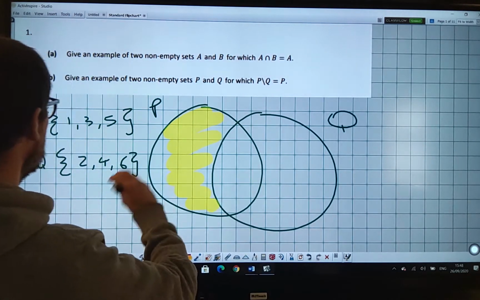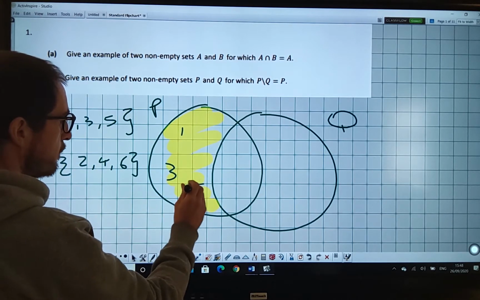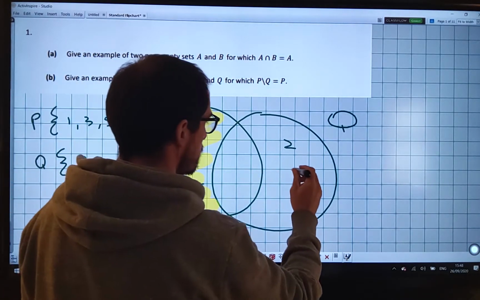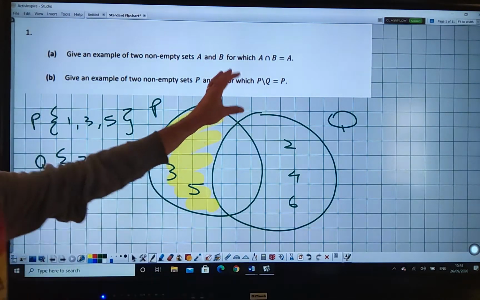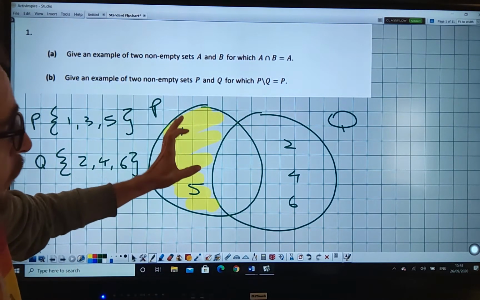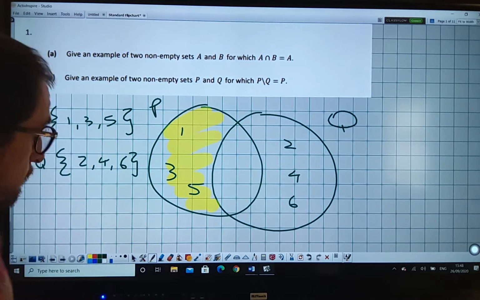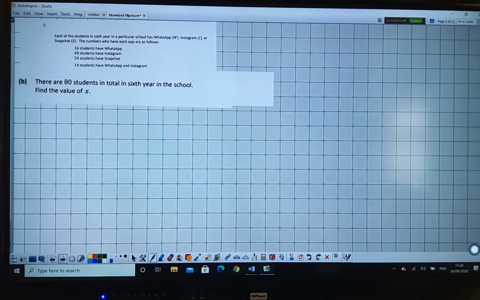So if I fill P in, 1, 3, 5, Q, 2, 4, 6. So that's all there is to that. It was just knowing what they meant, but when you draw that out, it makes it much clearer. So that's question one.